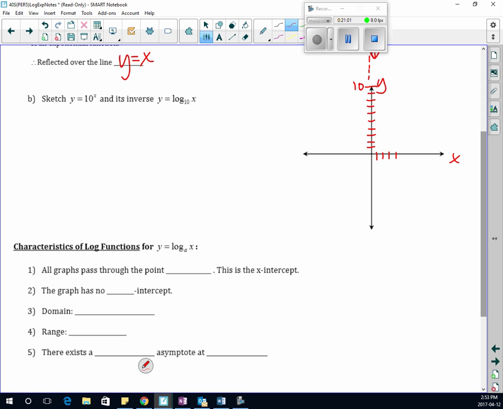Again, it goes through 0, 1, and 1, 10, way up there. And for negative 1, it would be at a tenth. So it increases very fast. So there is my y equals 10 to the power x.